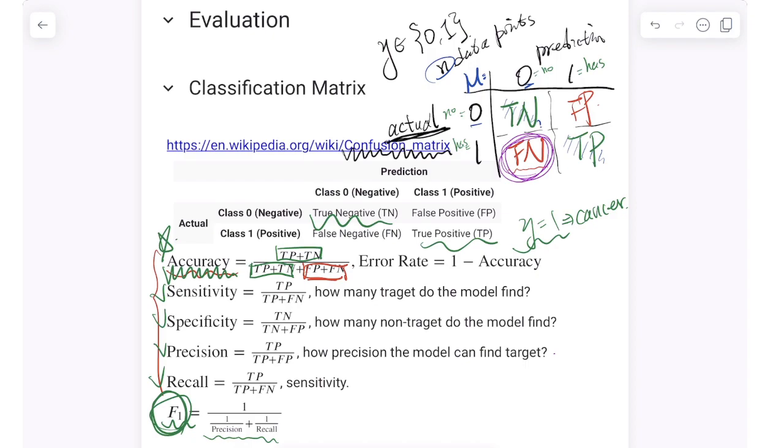The false negative in this application means the patient does have cancer, but your model, your predictor, says the patient has no cancer. That would be a very, very severe problem of this model. Again, the patient actually has cancer, but your predictor says no. It is a very severe problem, right?